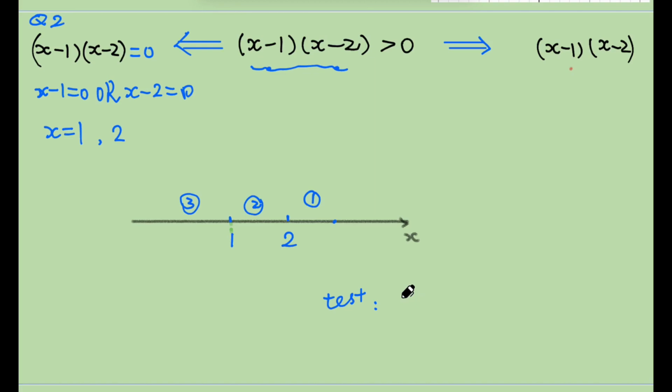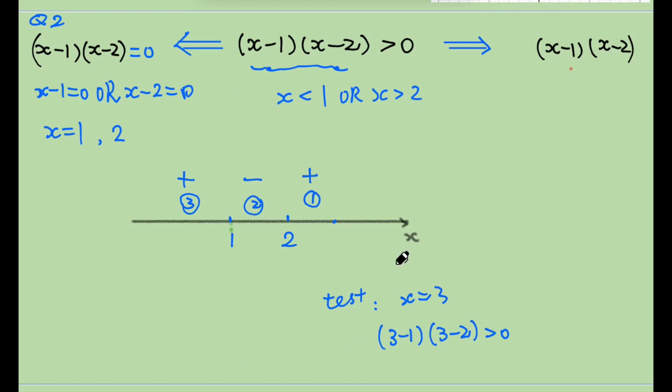For example, we can select x equals 3, and then 3 minus 1, which is 2, times 3 minus 2, which is 1. The product of them will be positive. Therefore, the first section, the sign is positive. Then the second section will be negative, and the third section will be positive again. And based on the sign diagram, the solution is x less than 1 or x greater than 2.